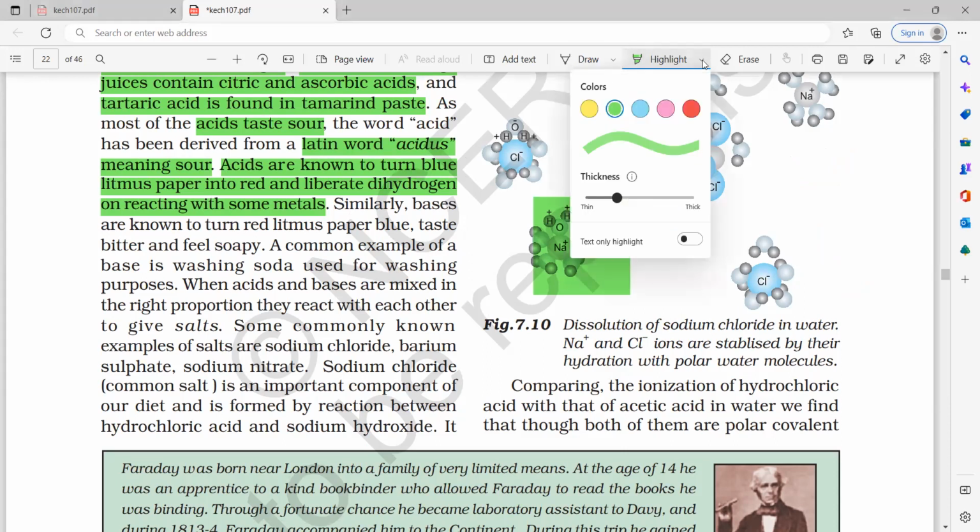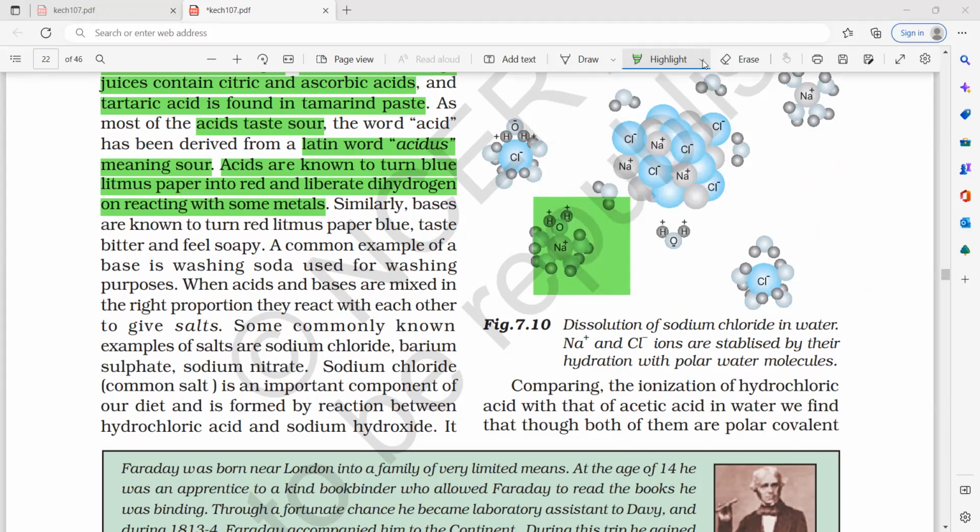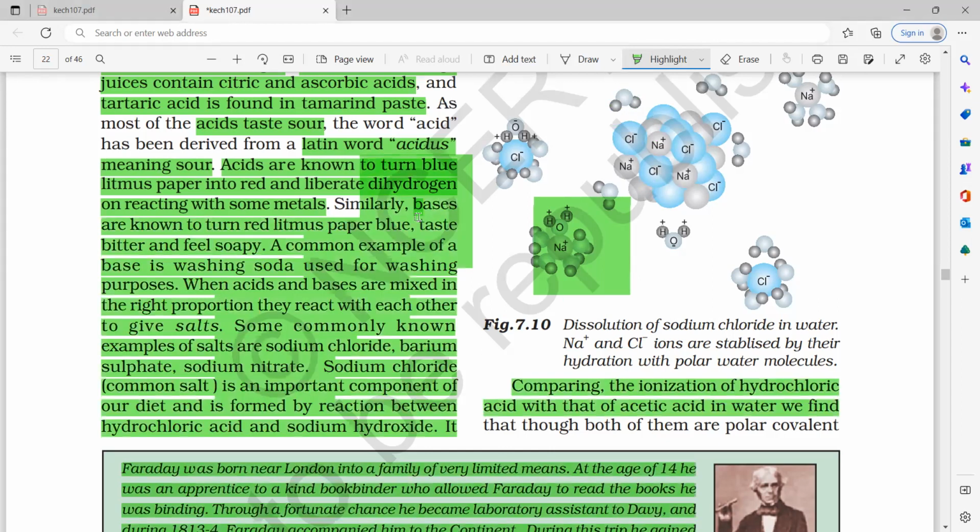As we are switching topic, so let me change color.